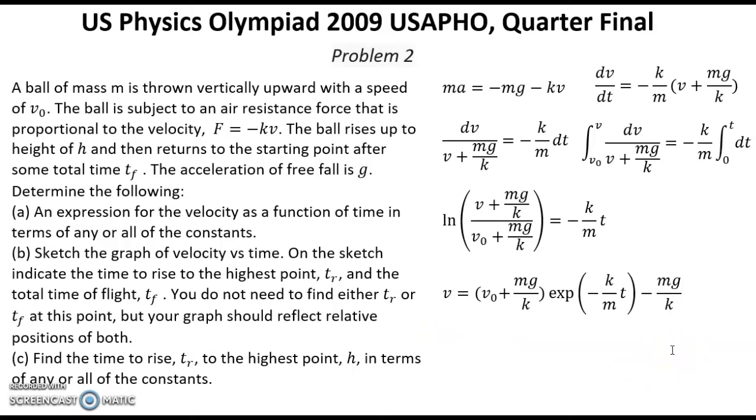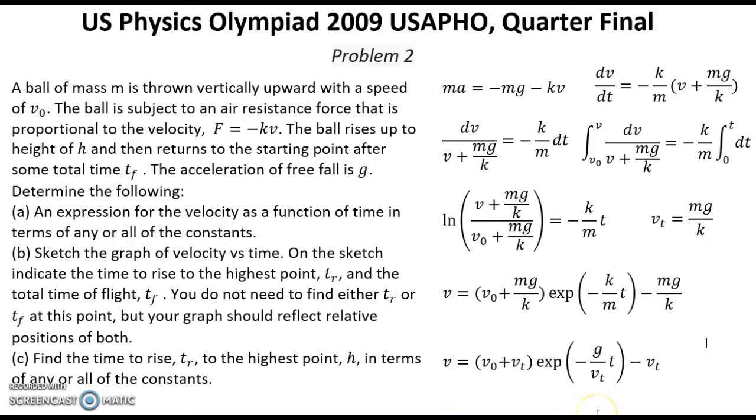That will be the terminal speed, and we can call mg over k the terminal speed. V terminal equals mg over k, and in this case we can rewrite this equation as this one. So that's the answer for question A.